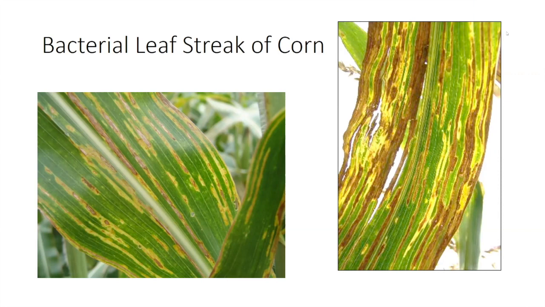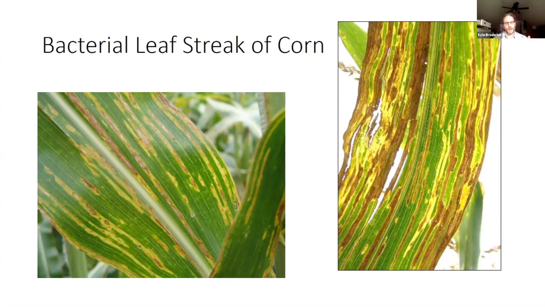And it is bacterial leaf streak of corn, and has these very striking foliar symptoms. It is a bacterial disease, and so one of the important things to remember is that fungicides do not control this disease, which is one of the reasons that knowing this disease compared to a lot of our other foliar fungal diseases is very important.